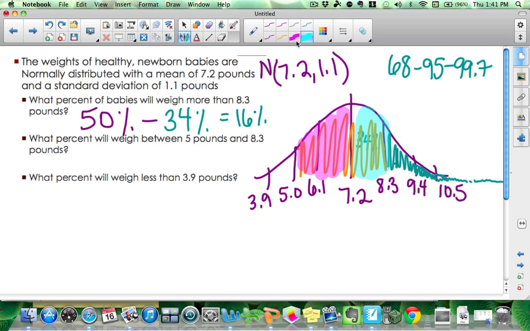Now I know that the part I just did in turquoise is 34%. We've mentioned that several times. So I'm going to take that 34% and add this purple part. Now this purple part is going out 2 standard deviations, but only in one direction. So that's going to be half of 95%. So that's 34 plus 47.5, which gives me 81.5%.